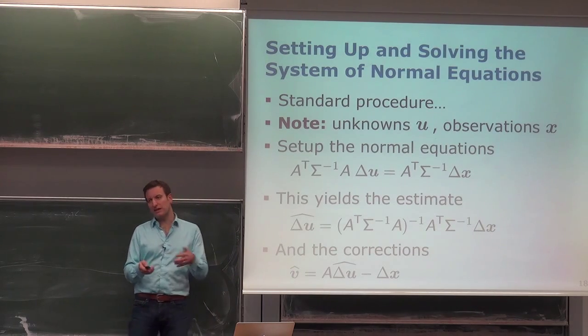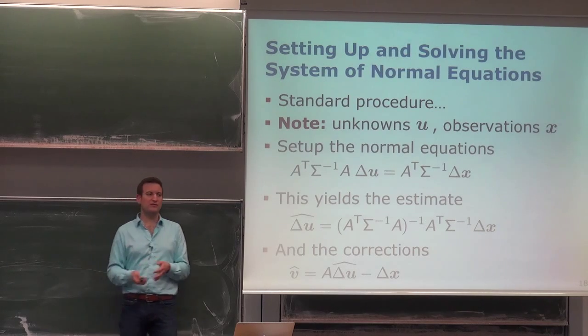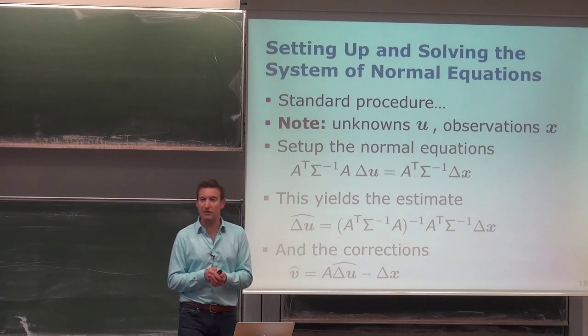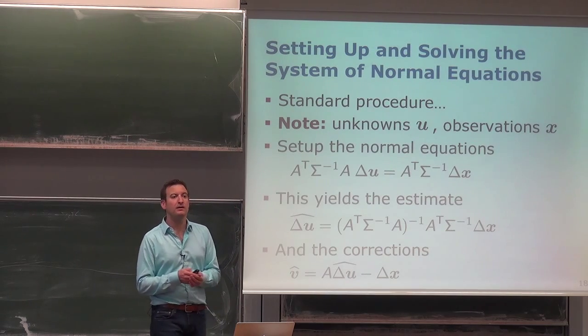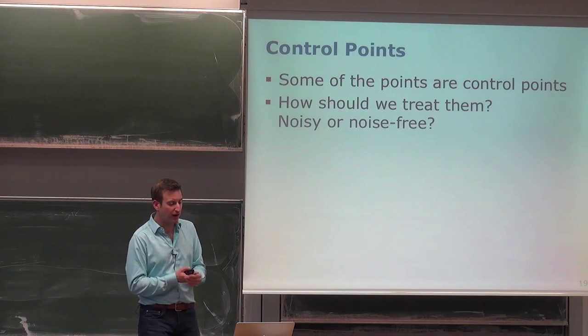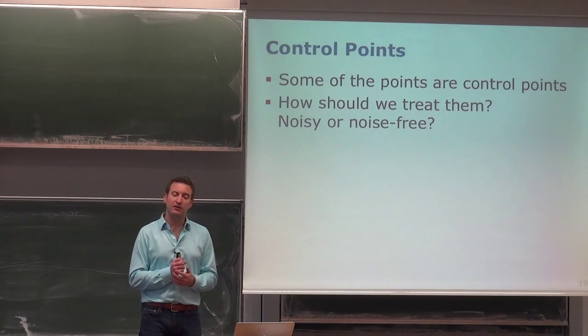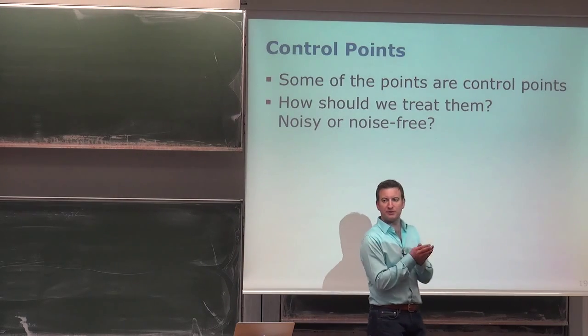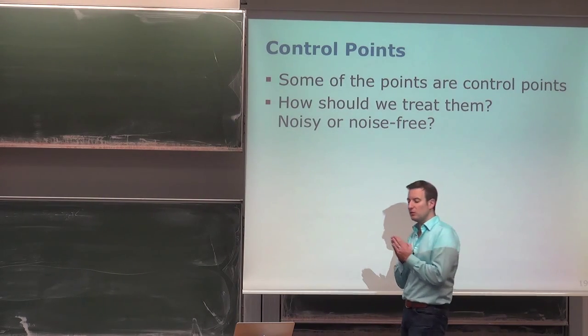Okay, in order to relate this to an external reference frame, we also need our control points. Some of the points that we are observing are, or we will enforce them to be, control points. So far I treated all observations as noisy ones.